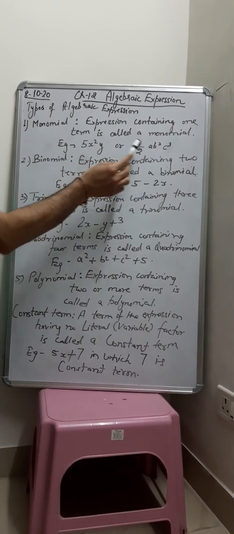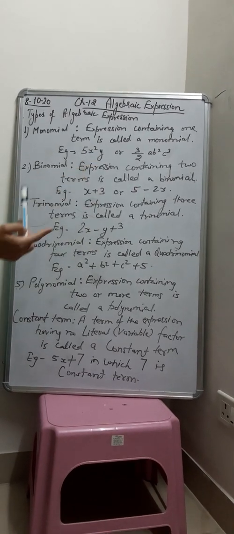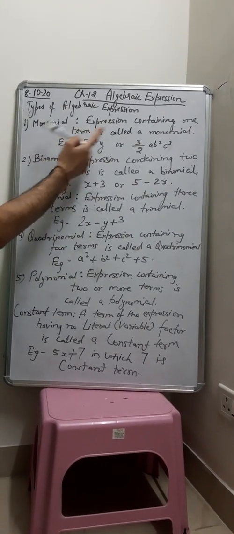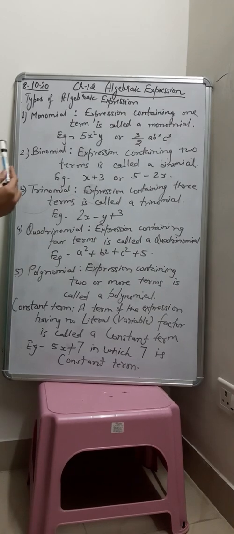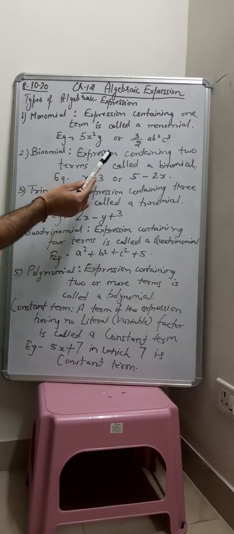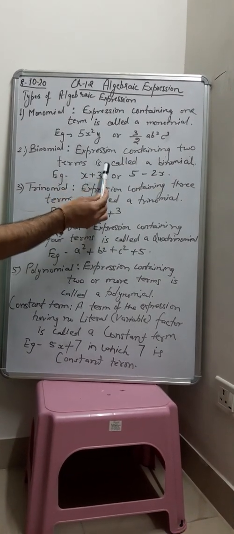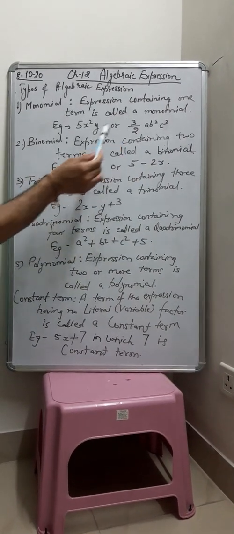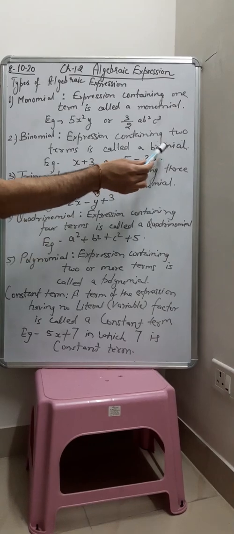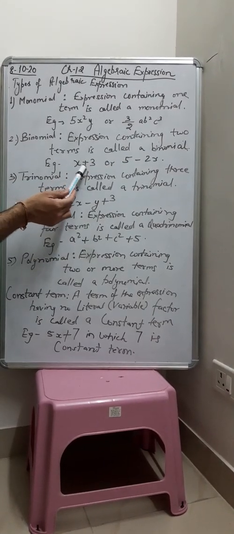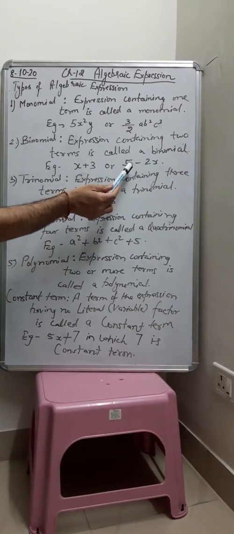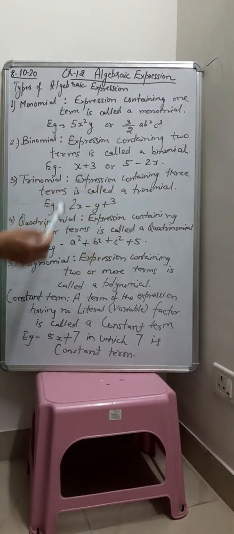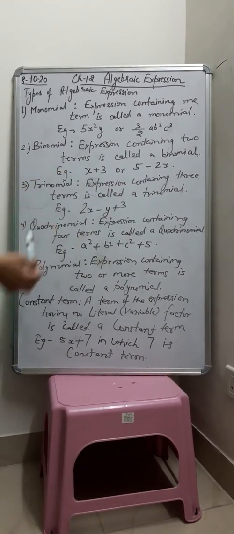These are expressions having a single term, known as monomial. Second is binomial. An expression containing two terms is called a binomial, like x plus 3 or 5 minus 2x. So these two are your binomials.